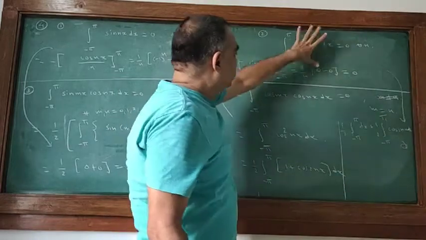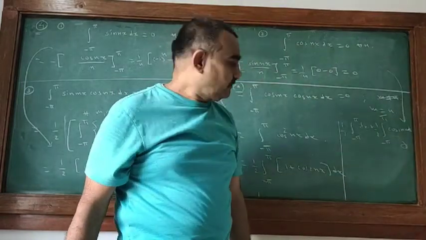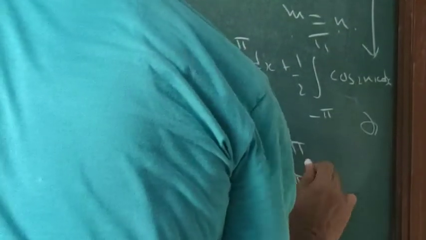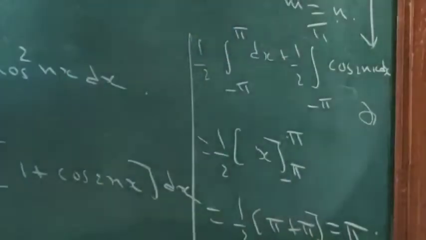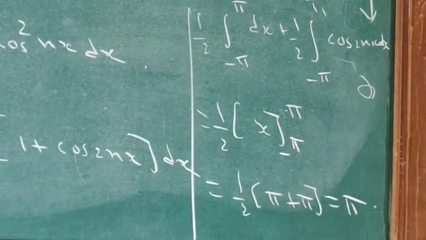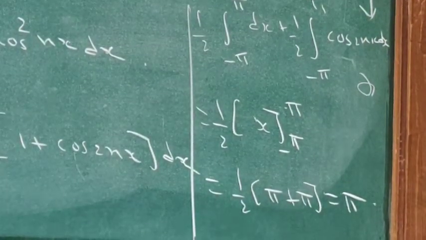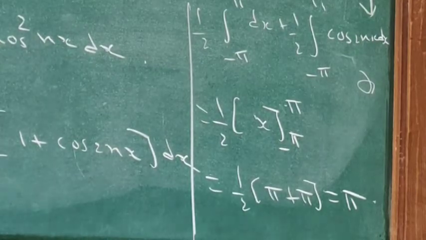This value is 0 because of this. So we have to calculate only this part, and therefore this is equal to 1 by 2 x from minus pi to pi, so this is pi plus pi over 2, and therefore this value is pi. Clear?